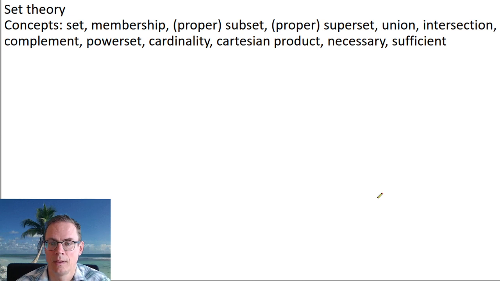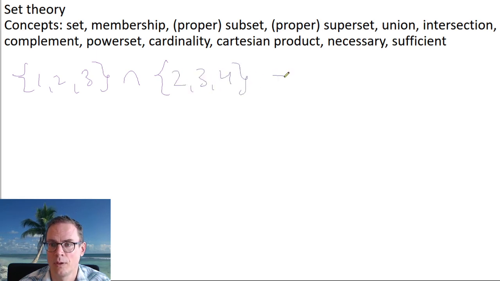Okay, now let's talk about union and intersection. So suppose I take the set 1 and 2 and 3 again, and I want to know the intersection with the set 2 and 3 and 4. Well, the result of this operation is a new set, namely the set containing all the members that are in both.